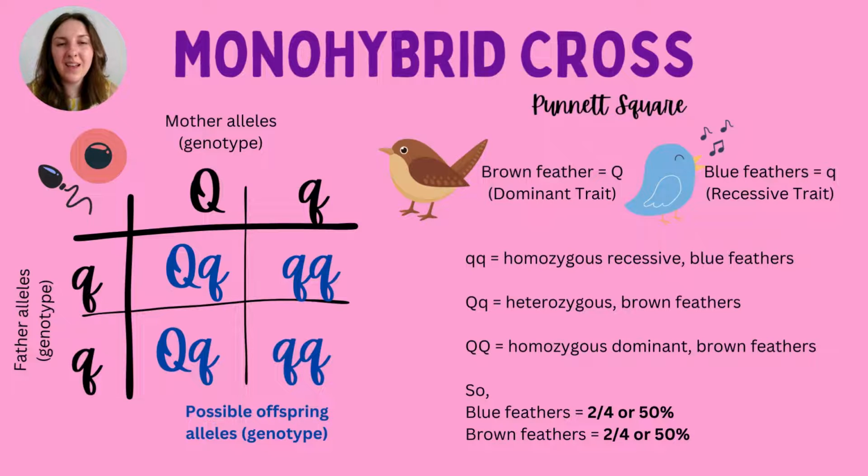I can see quite easily here that we have 2 individuals out of the 4 that have the dominant allele, so they will both have brown feathers. However, the other 2 have no dominant allele, and therefore they will have the blue feathers. So it's a 50-50 chance of the offspring having brown or blue feathers, and that's the sort of thing you'd want to write either as a percentage or as a fraction, like I said.